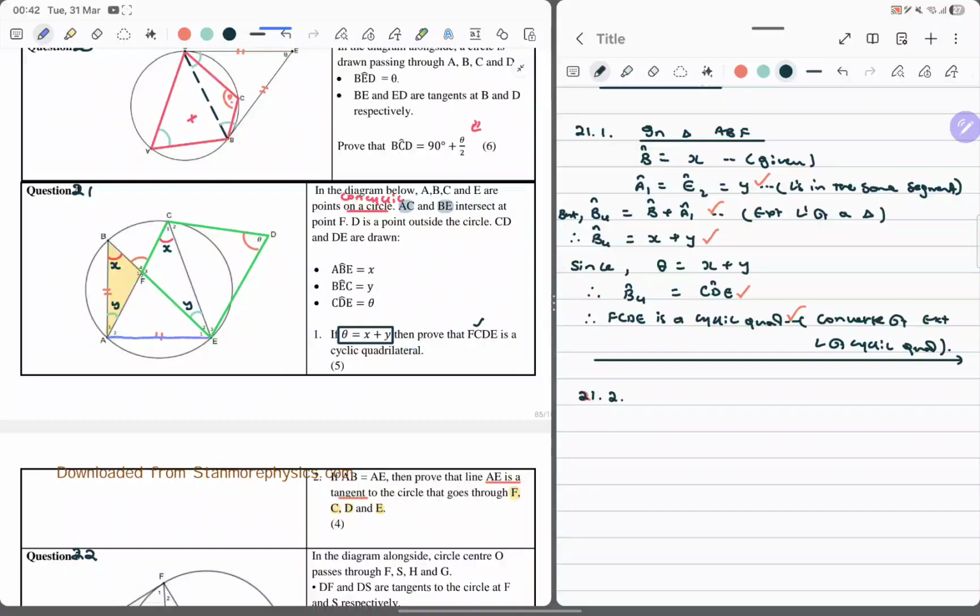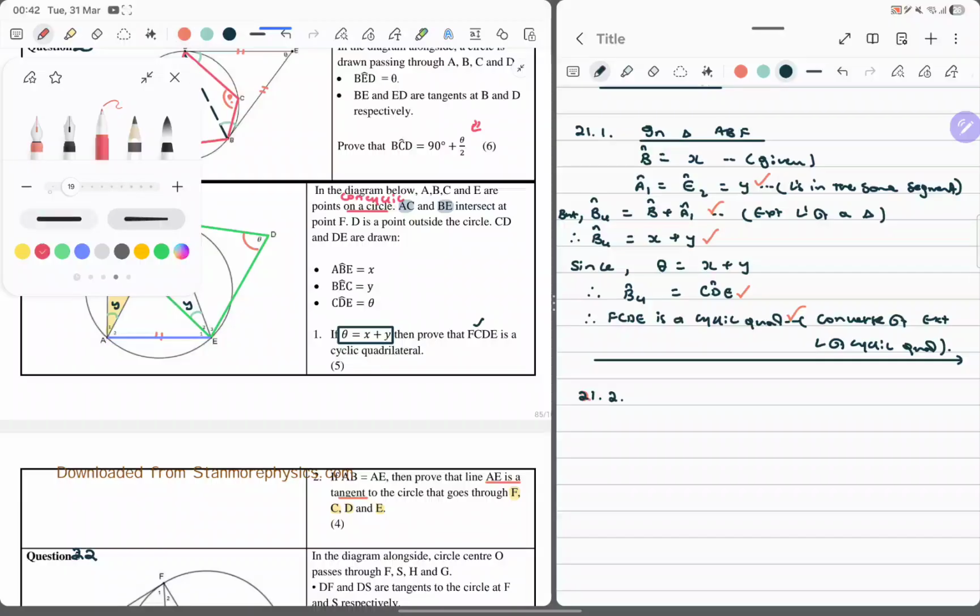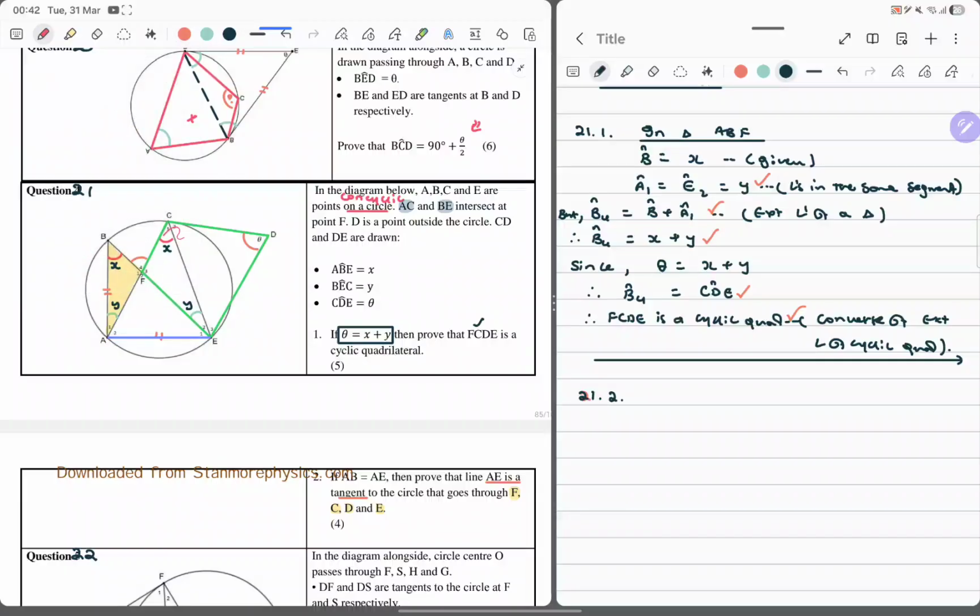And for us to prove that this is a tangent, obviously we need to prove that theta is the same as this one here. Or we can prove that x, remember this is still part of that circle. I think it's more that x actually as I'm looking at it. So I know that that angle is going to be equal to this angle. Then we can say tan chord theorem.